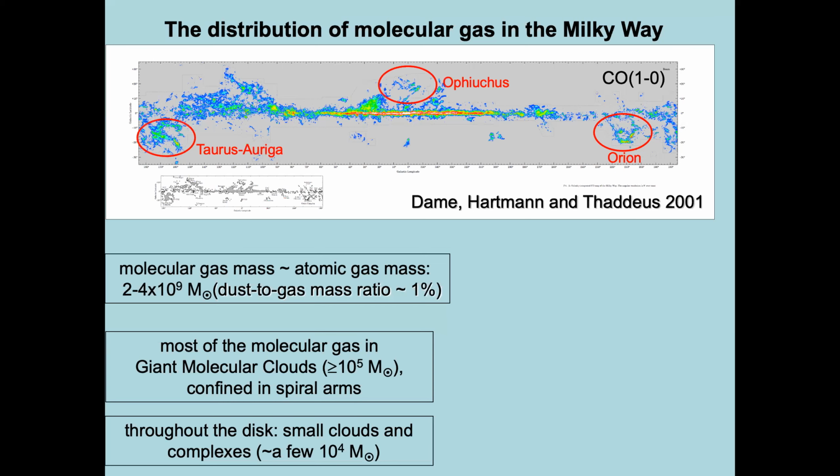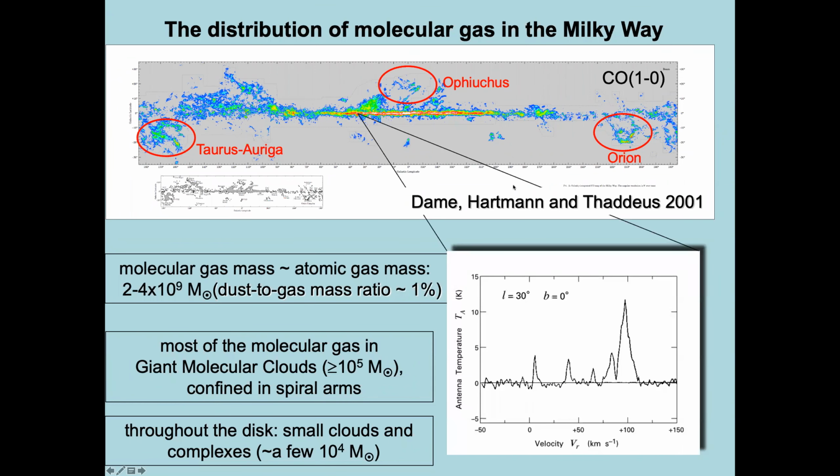However, in the inter-arm regions there are also small clouds and molecular cloud complexes, called dark clouds, that are only a few times 10^4 solar masses. These are the ones circled here in red: Taurus-Auriga, Ophiuchus, and Orion. You see them up and down in the galactic plane just because of a perspective effect, as they are nearby compared to the rest of the galaxy.